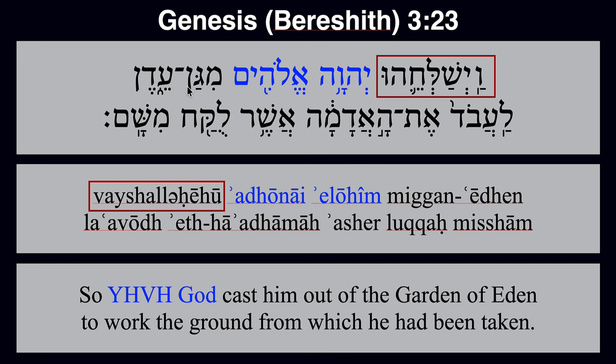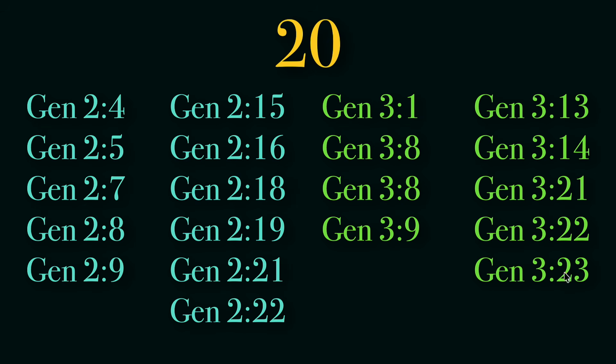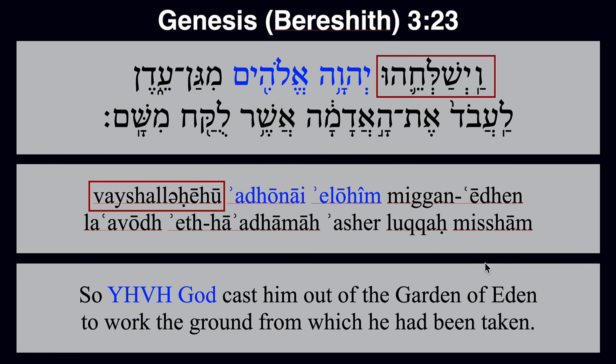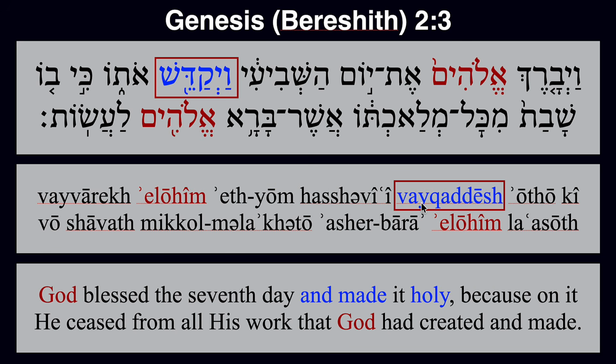So essentially what's happening here is, the last time it is mentioned, man was chucked out of the Garden of Eden. If you go to the first occurrence, it is in chapter 2 verse 4, but the previous verse is YHWH Elohim sanctifies, made it holy.